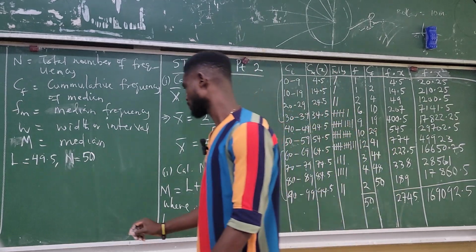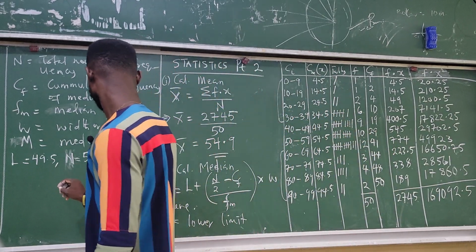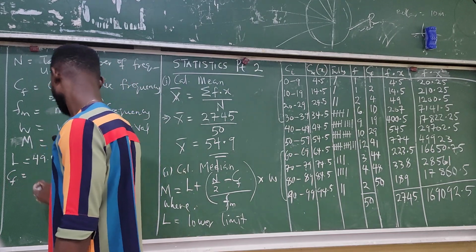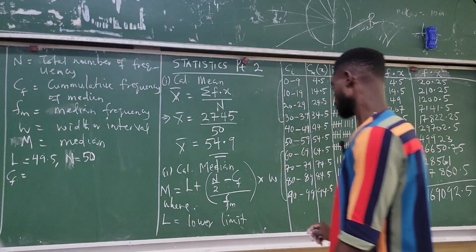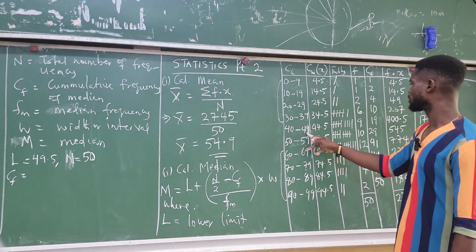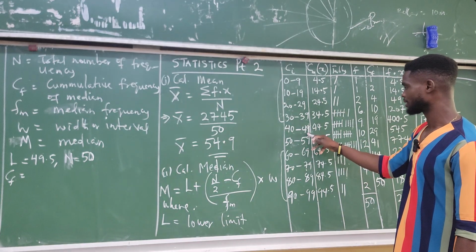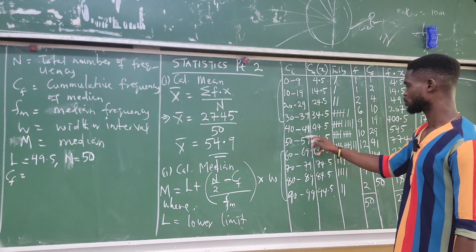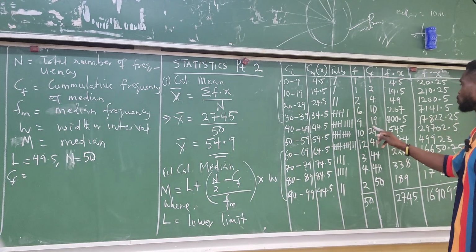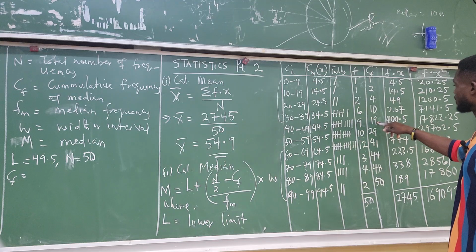Our CF, how do you get your CF? It falls between here, that's 49.5. That is our lower limit from here. That is where the median falls, between here and here. Our CF means the cumulative frequency. The cumulative frequency stops at 19. You can see it here, that is 19.